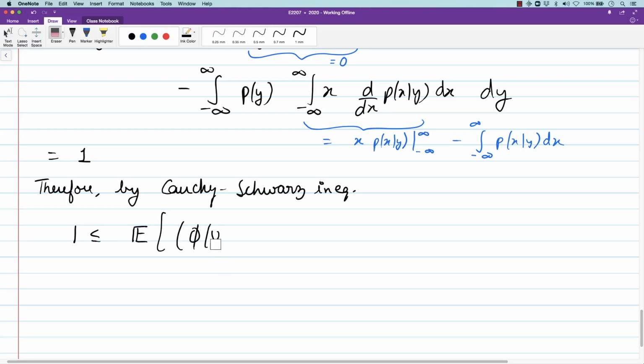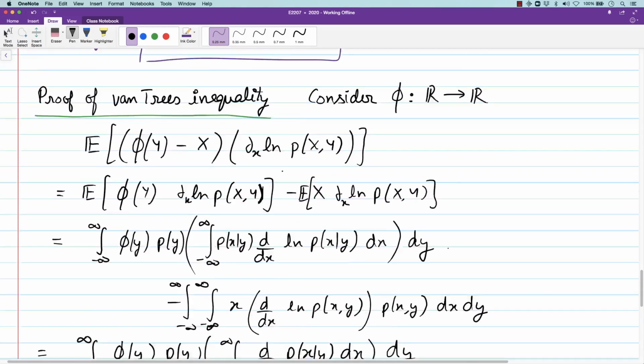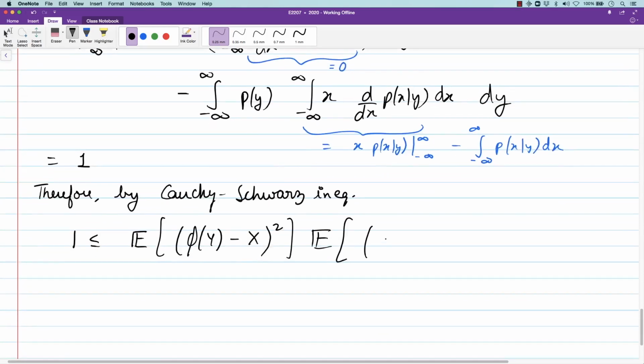You can take the square of this guy, and note what the second term here was. The second term was this particular partial derivative. Okay, so this is the mean square error that we were after, and this is that second term that we have obtained. Let's look at this second term.